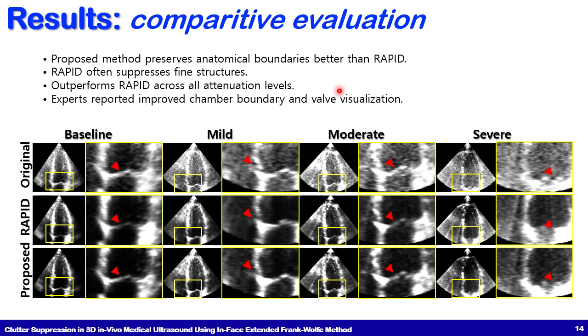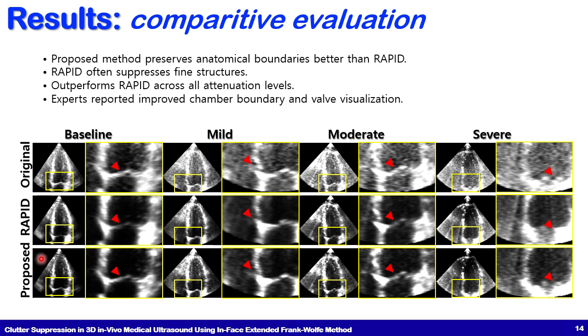For a fair comparison, I use 9 time steps for RAPID, and for the proposed method I use 3 temporal and 3 spatial components from each frame to result in the same size Casorati matrix.